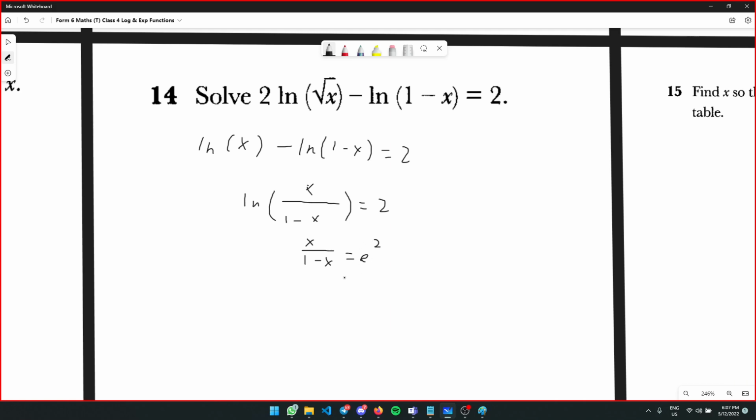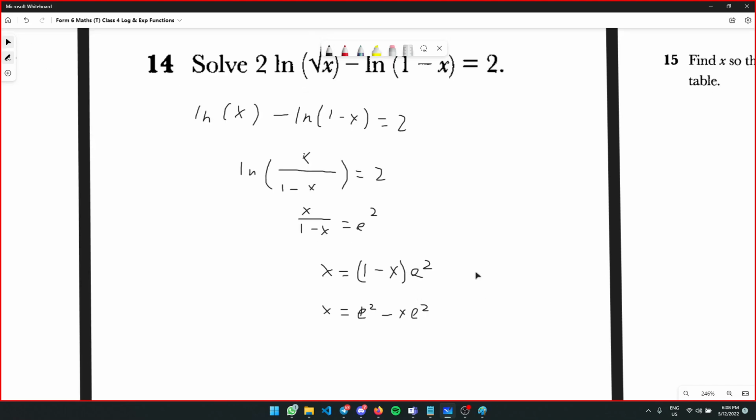Then you can move it to the other side. x equals e squared times 1 minus x. So x equals e squared minus x e squared. Move it to the other side.